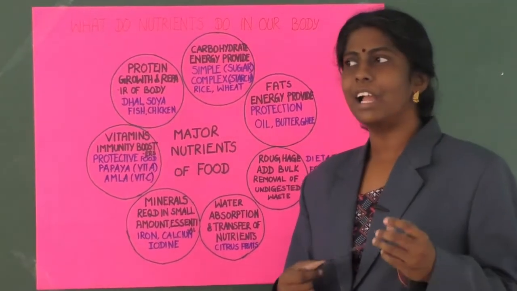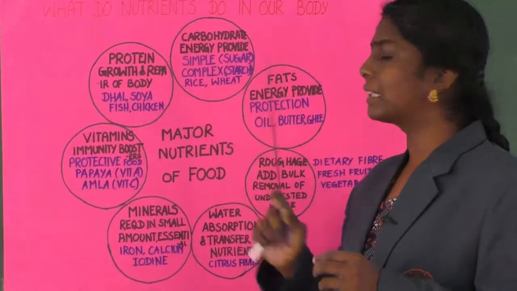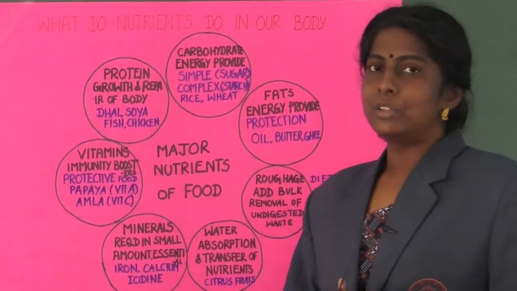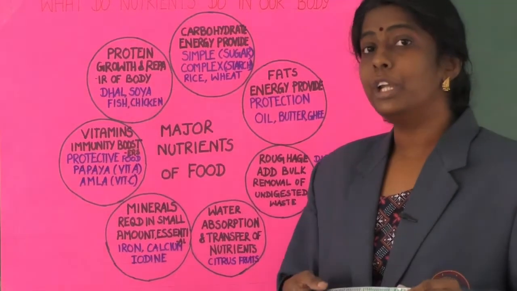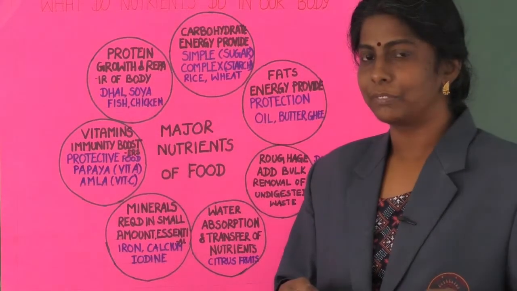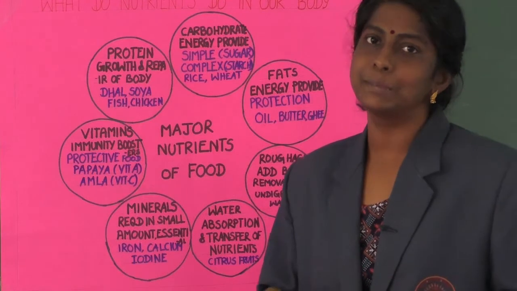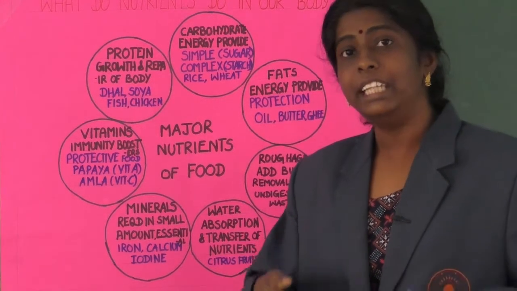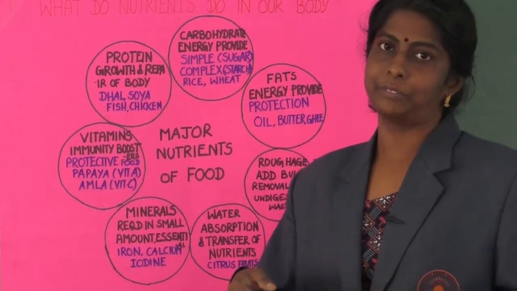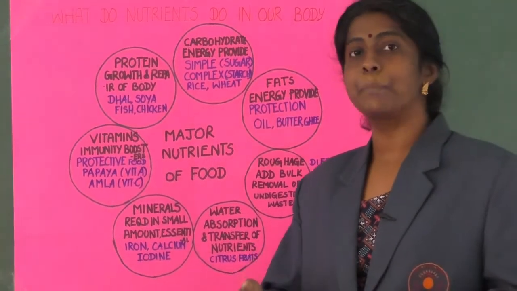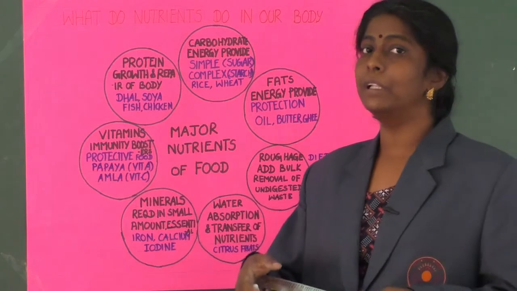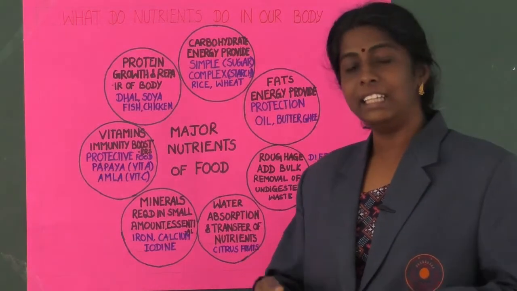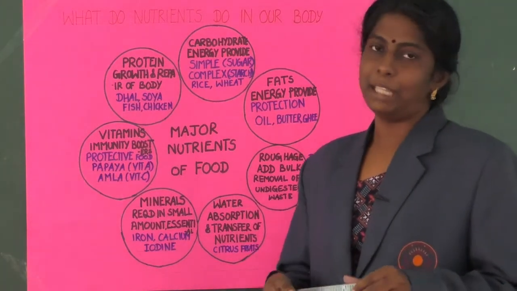Okay, and the second type is complex carbohydrate. So here the complex substance is broken down into simpler substances, and that is readily absorbed by the blood. This type of starch, complex carbohydrate, will be broken down into simple carbohydrates, and then it's readily absorbed by the blood.